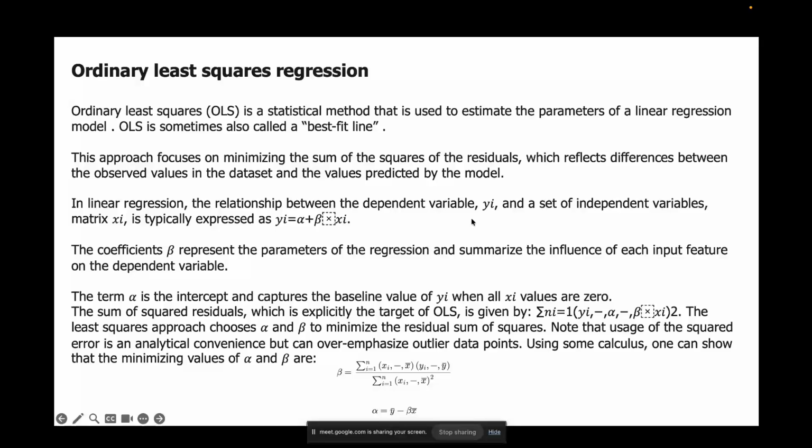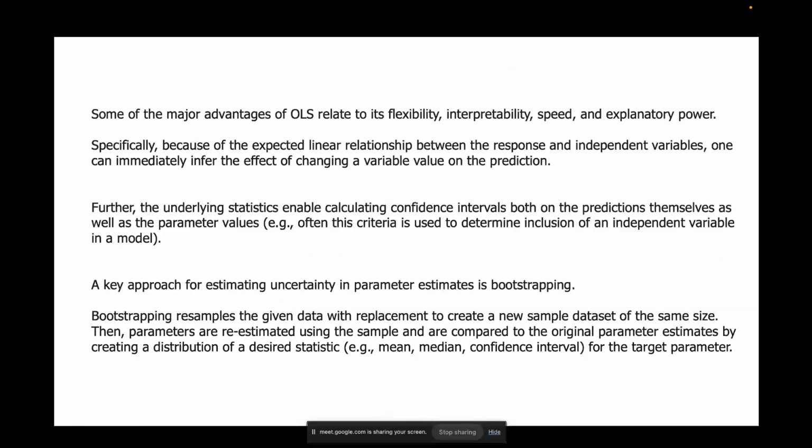So if you have like 50 features in your data, you would want to capture almost all 50 of those to be predicting your dependent variable. So if you have multiple predictors, multiple independent variables, then it becomes multiple linear regression, right?